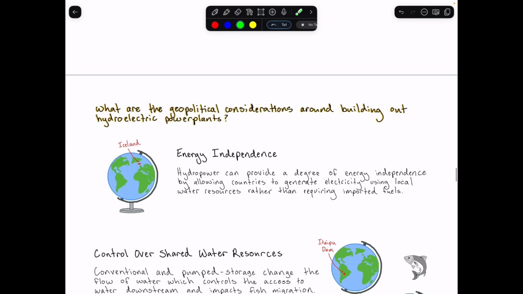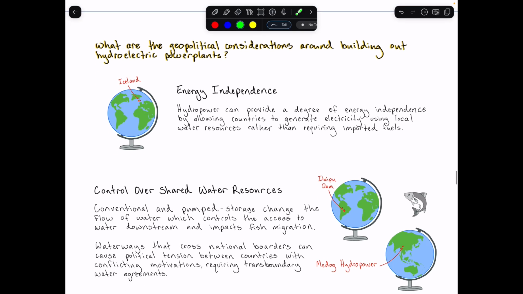Okay. The next geopolitical consideration is control over shared water resources. Conventional and pumped storage hydro facilities can alter the timing and flow of water through rivers. And this can affect the availability of water for regions located downstream from the power plant.